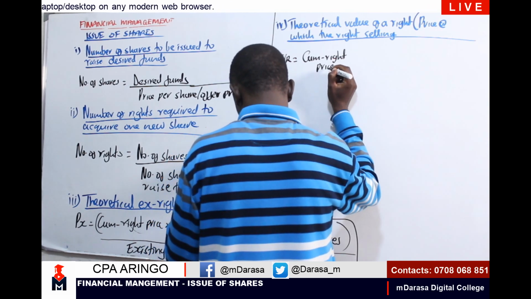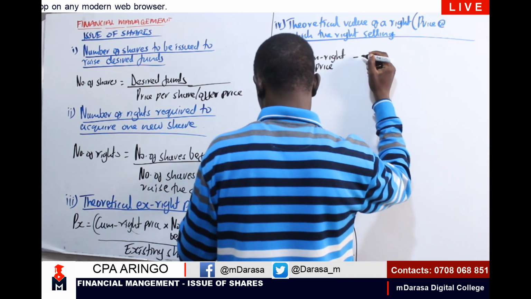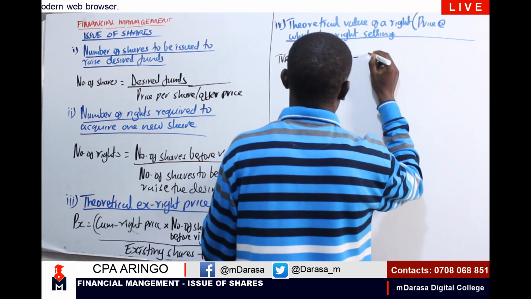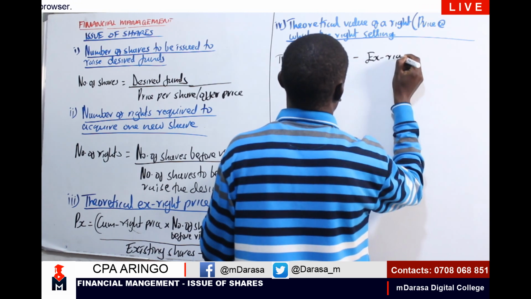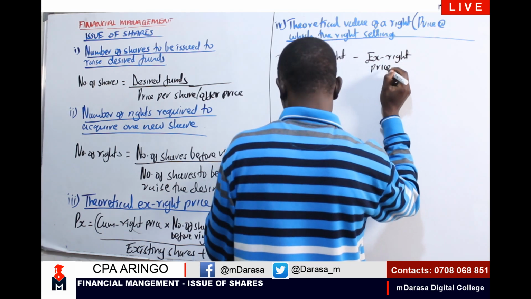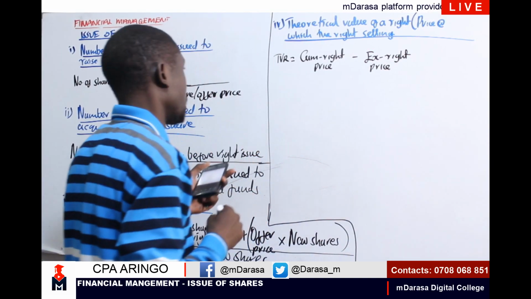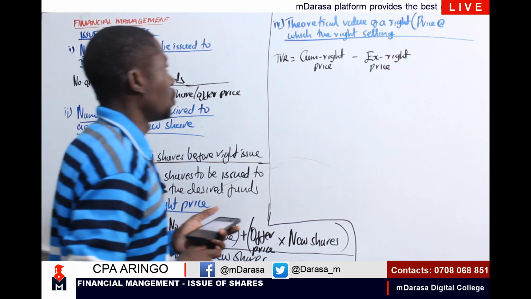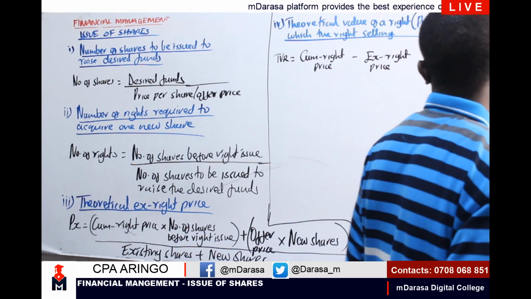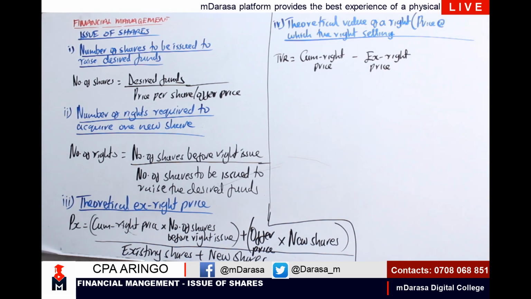That should give us the theoretical value of a right, the price at which these rights are selling. So basically that is what we are talking about.